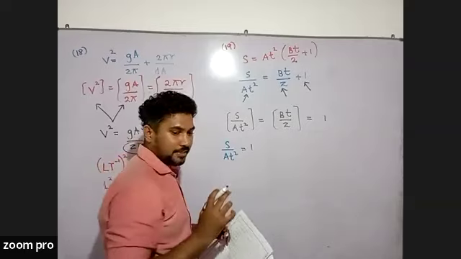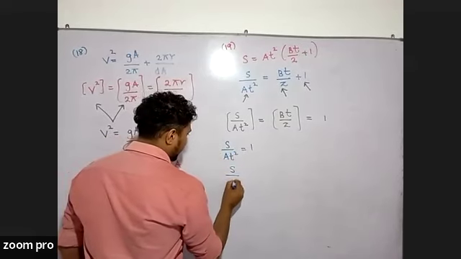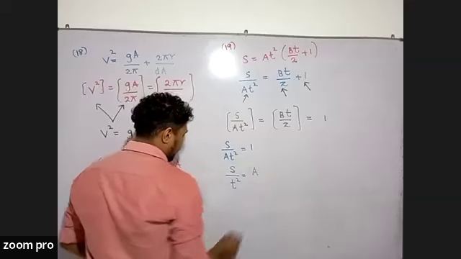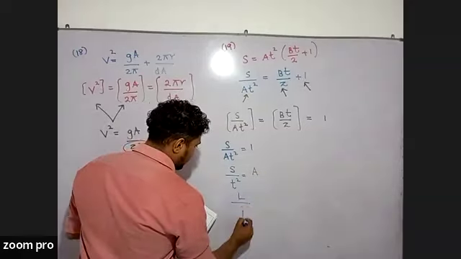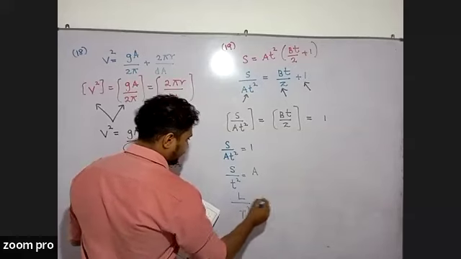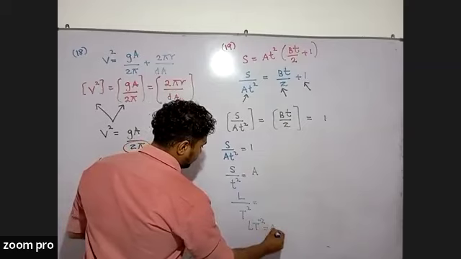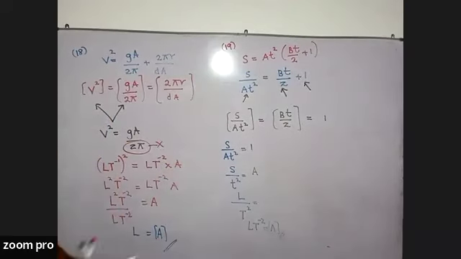Now we need to obtain the dimensions of a. If I make a the subject, then a is equal to x over t squared, right? x represents the displacement and t means time. So the dimensions of a should be equal to LT minus 2. That is the dimensions of a.